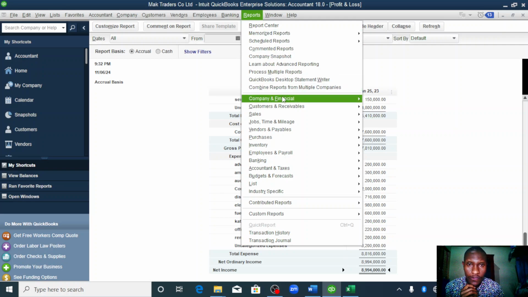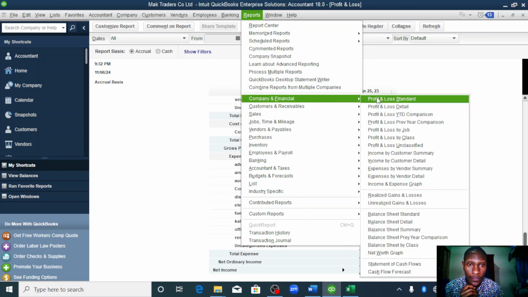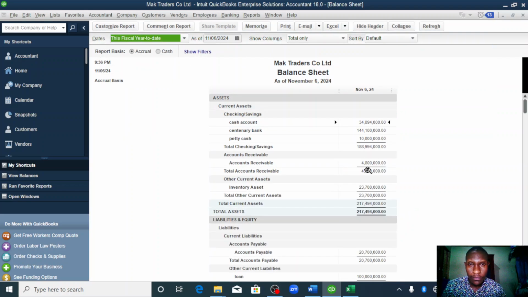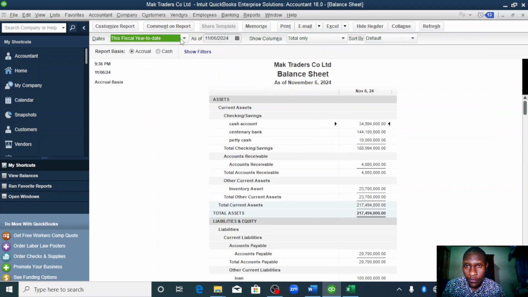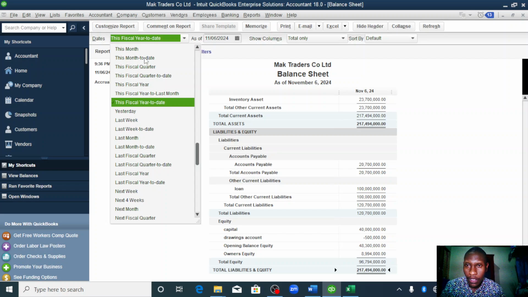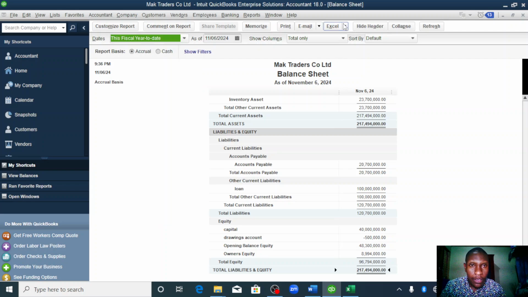I go back to reports, I go back to financial, I look for balance sheet standard. You see the balancing figures. I click on it, then I extract, I go to Excel, I create a new one.